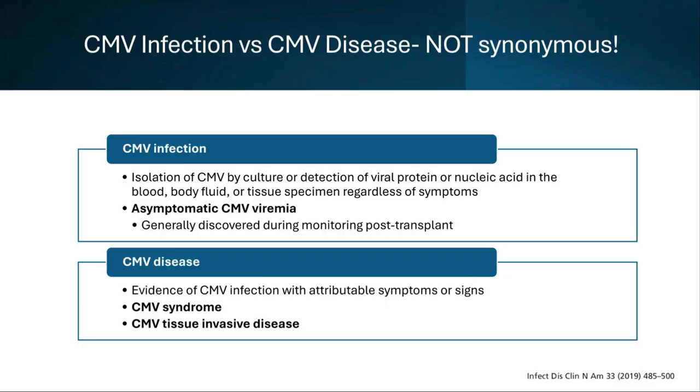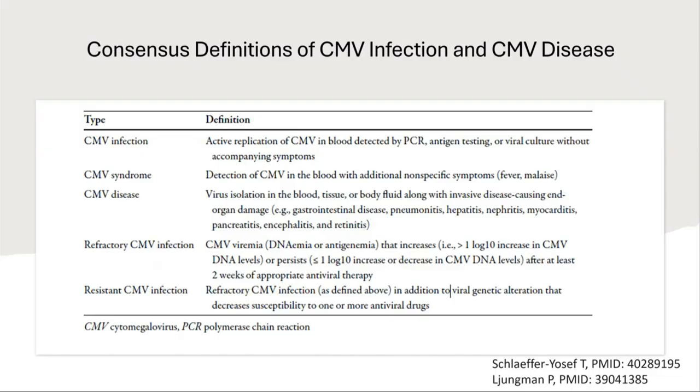So remember, CMV disease includes CMV syndrome and CMV tissue invasive disease. And if you're a table person like me, I put all of these definitions here. They're from one of the main papers on CMV definitions.